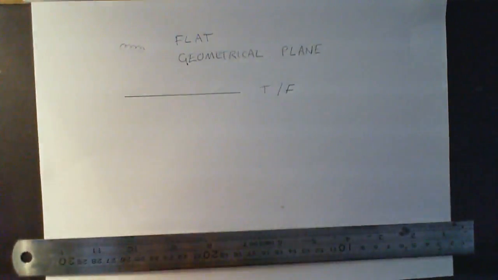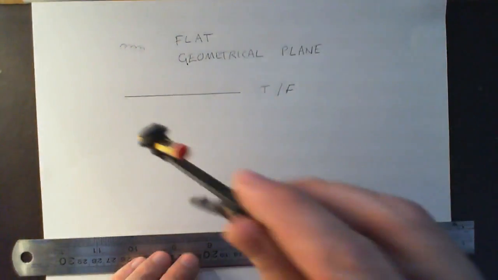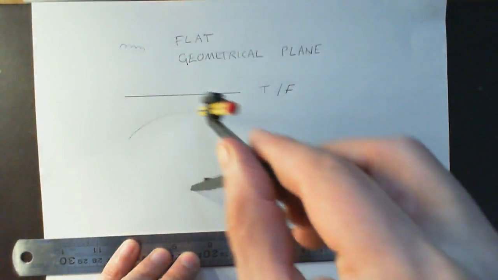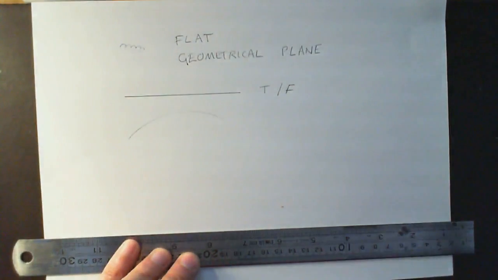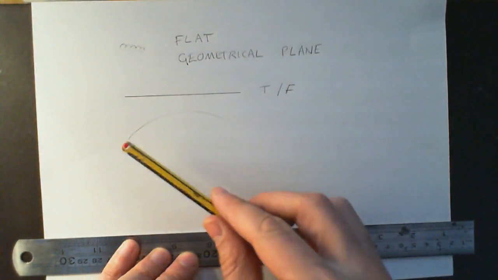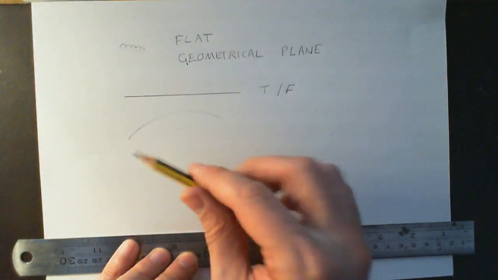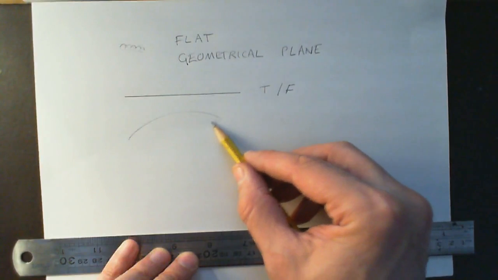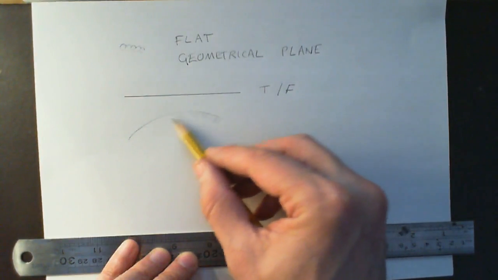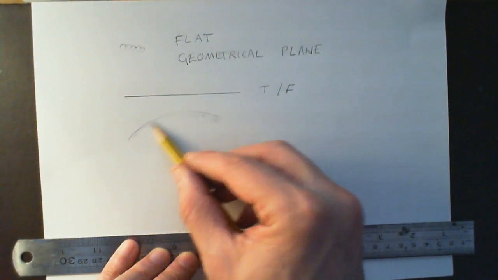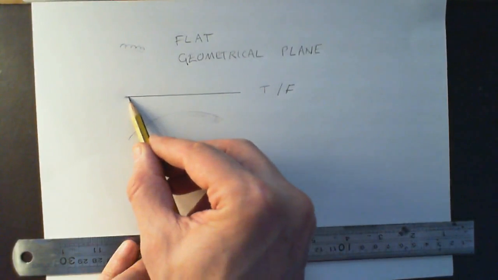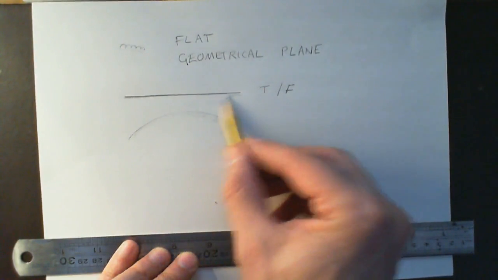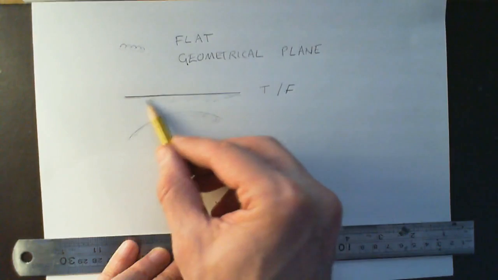Now I'm going to draw another line. Here it is. Right? There's our other line. This line is touching a surface, so we can imagine there's a surface here underneath it. There it is, there's the surface. The line is touching the surface. Just like this line here is touching the surface.